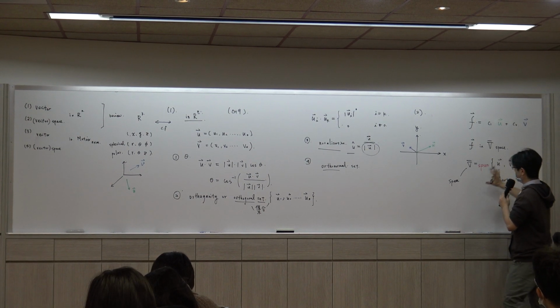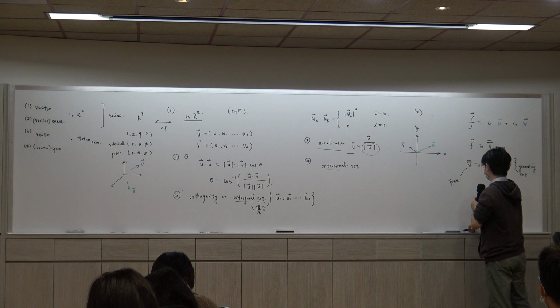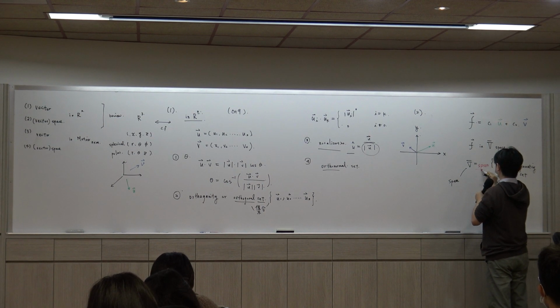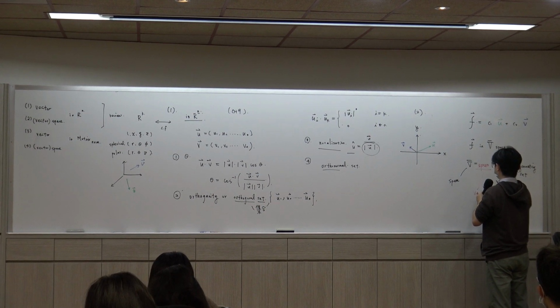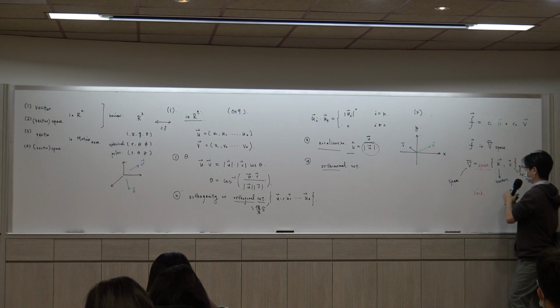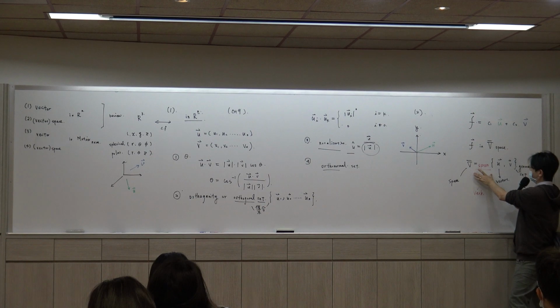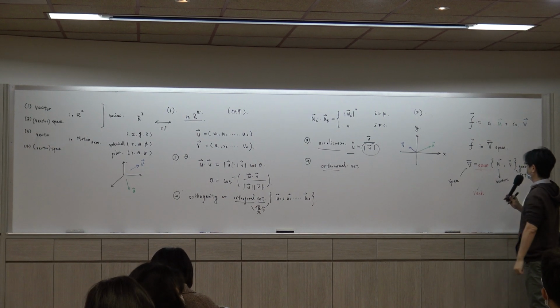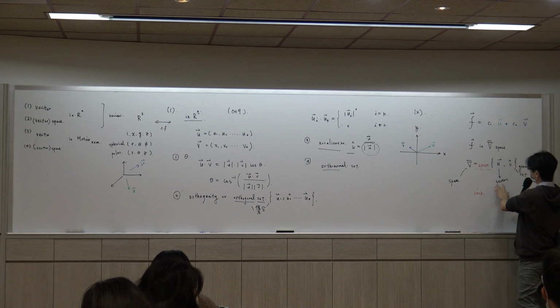So from the vectors to a space is a kind of verb. So we can perform the span action based on the vectors.